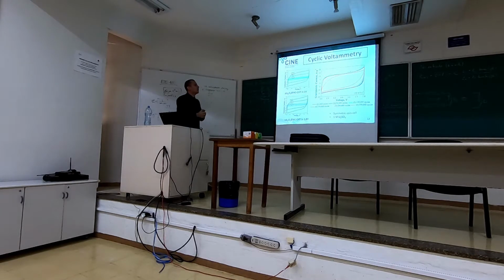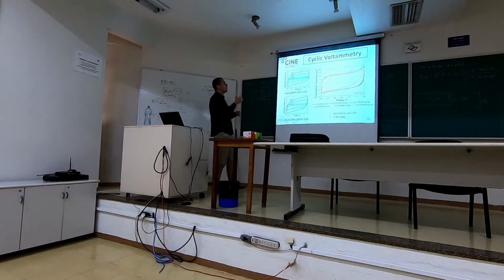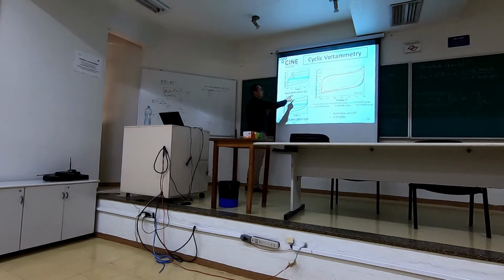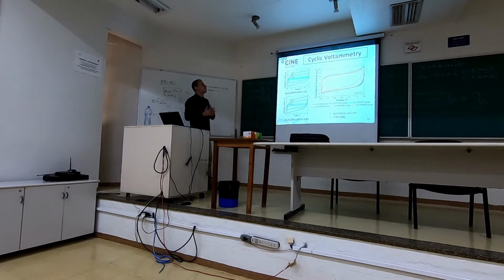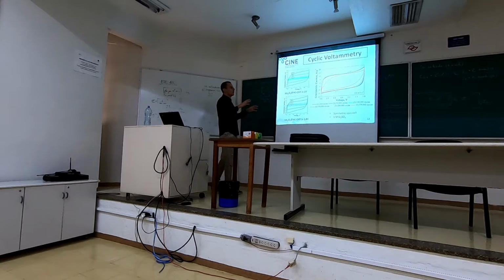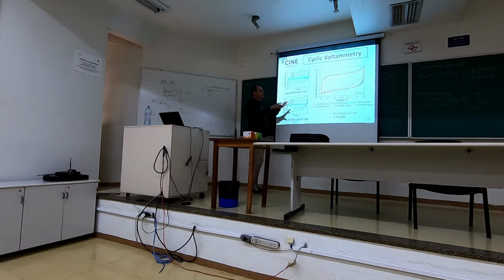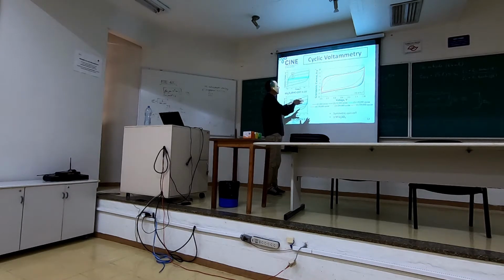Here, on the left side, we can see two cyclic voltammetries, one of them using a voltage window of 1 volt and the other one using a voltage window of 1.8 volts.